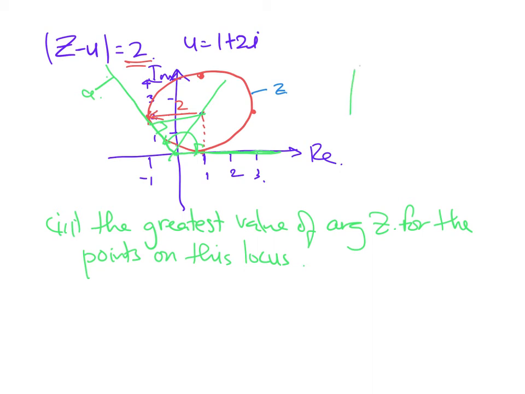You have one over there like that, and then another one like that. So it's a right angle over here and a right angle over here. My diagram is not accurate, but I hope you get the idea.